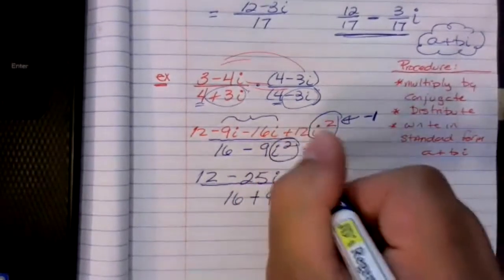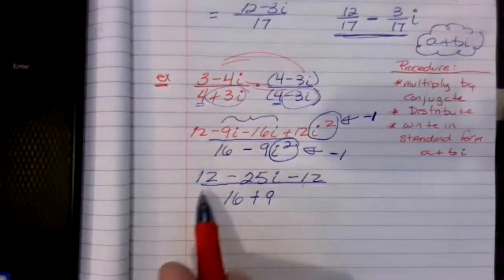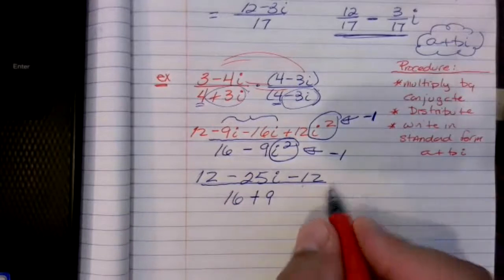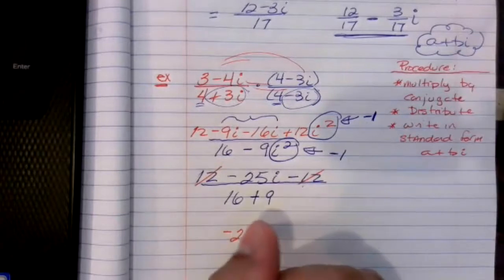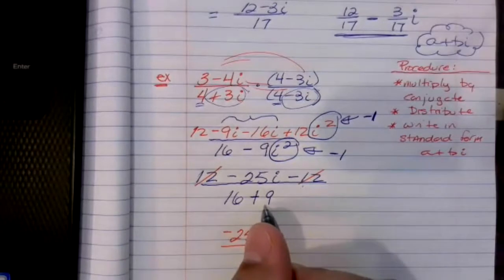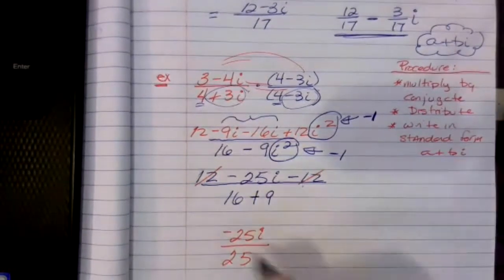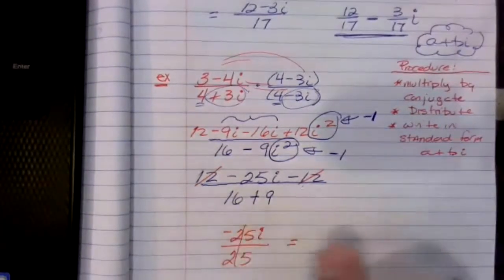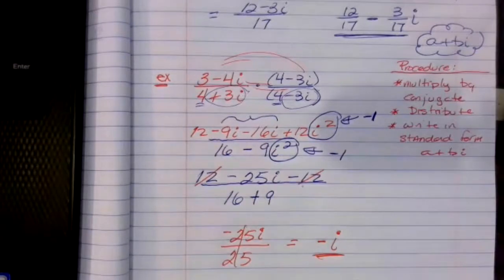Because this is negative 1 also. So I have 12 minus 12, these are gone. Negative 25i is up top, and 16 plus 9 is 25. So negative 25 divided by positive 25 is just negative 1. So my final answer is just negative i.